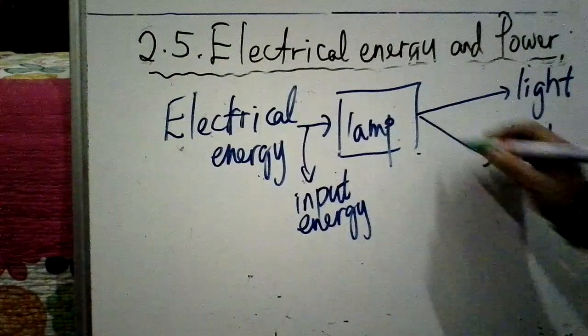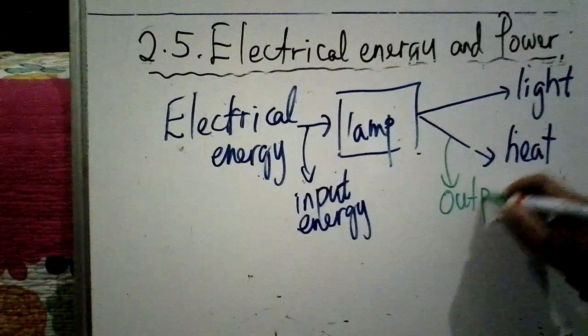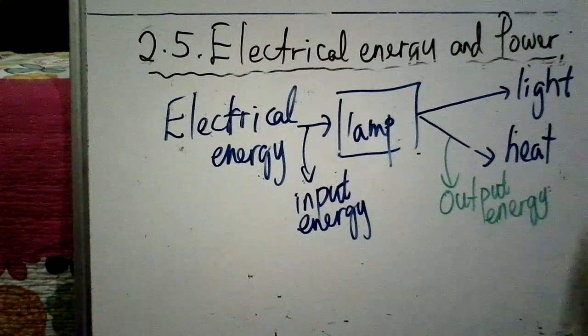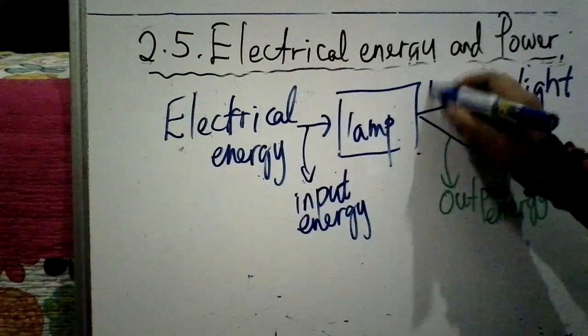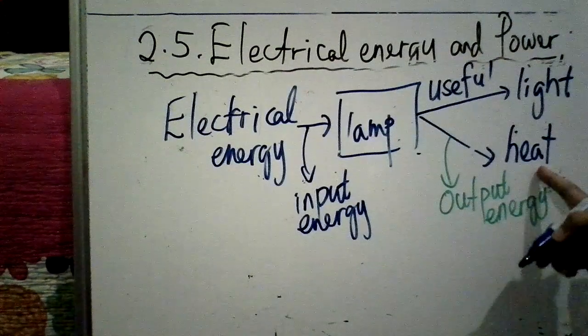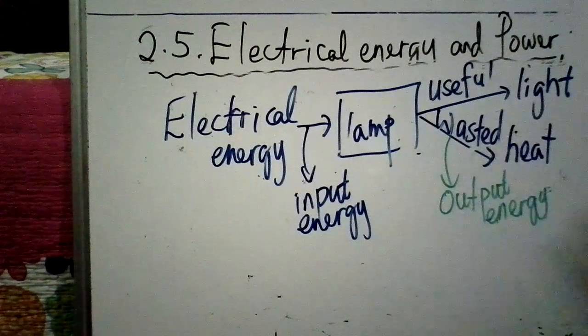These two types of energy we call output energy. We use the lamp for its light, so this light is useful energy. We don't want the heat, so this one is wasted energy.